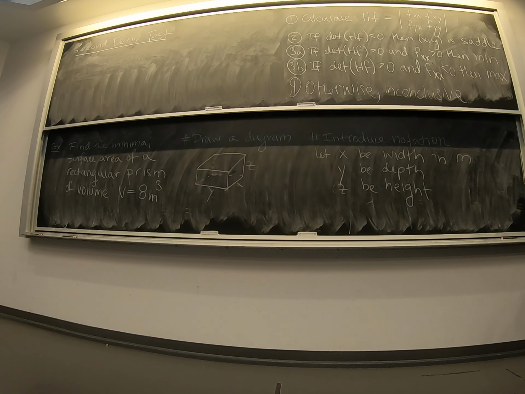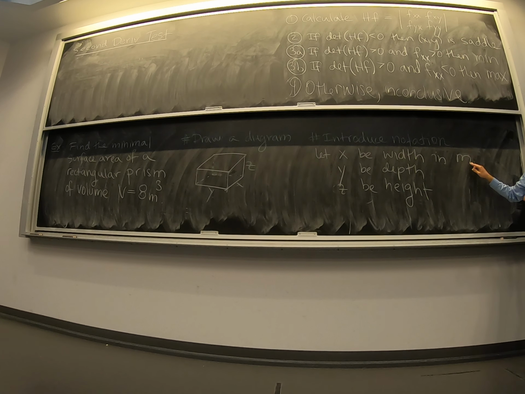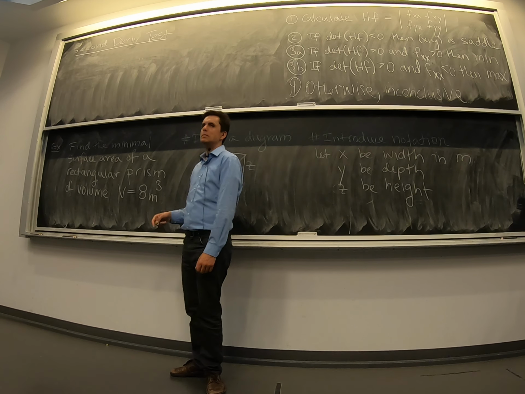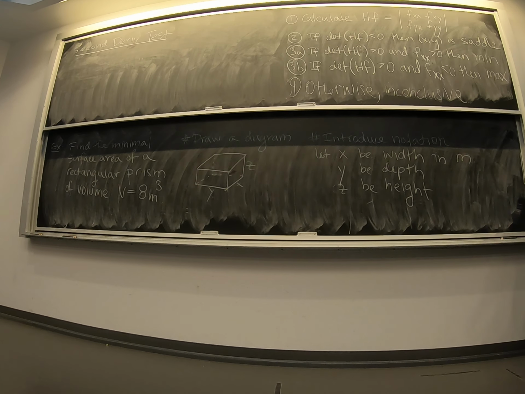So we'll name the quantities so that we know what we're talking about. And I really like it when people say, let x be something, and then they state the units. So I say a length in meters. Then it tells me how these are supposed to line up with, you know, our volume being 8 meters cubed. Good to have that clearly stated somewhere. Okay, now we'll specify our constraint.